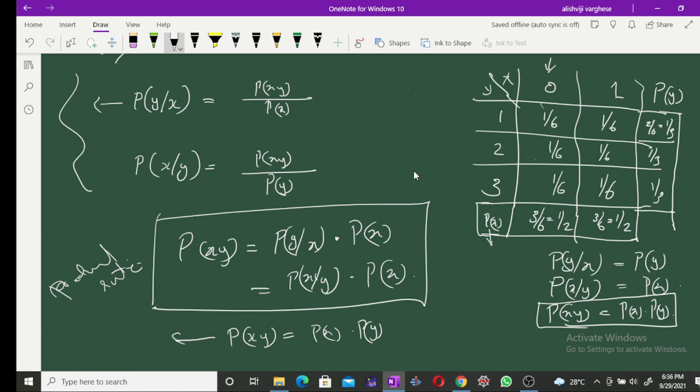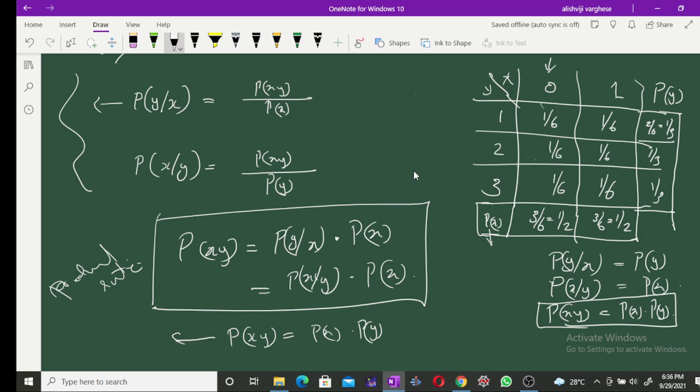Those two variables are independent. So for example, consider two random variables, like the height and weight of a randomly selected person from the population, say from our class.